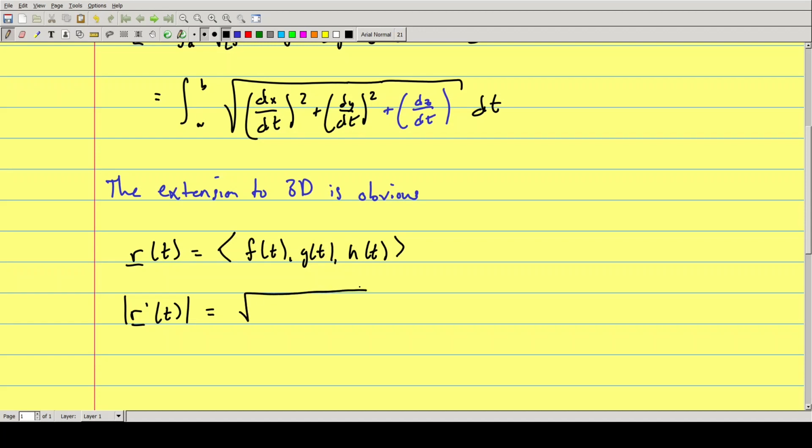And this formula is exactly what we had for our integrand. It's the square root of the sum of the squares of the derivatives of the components.